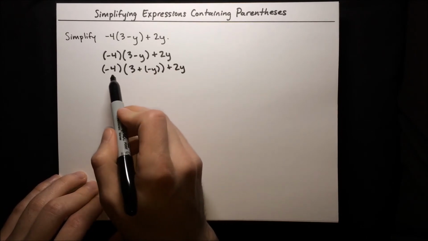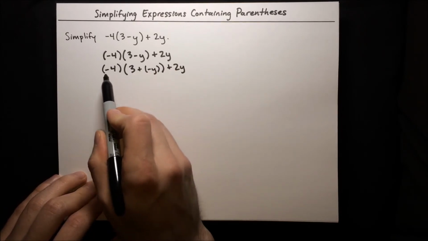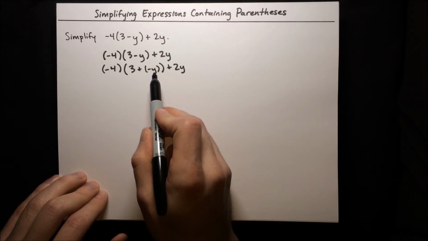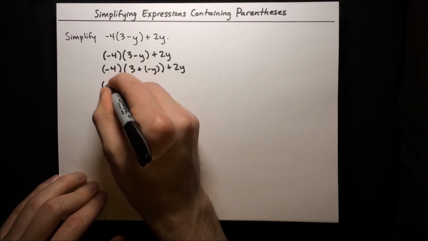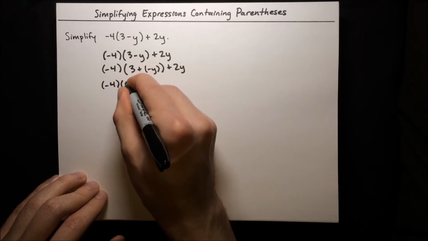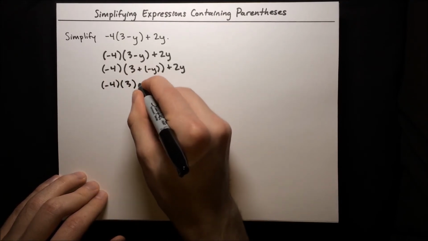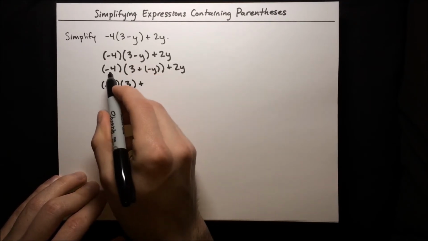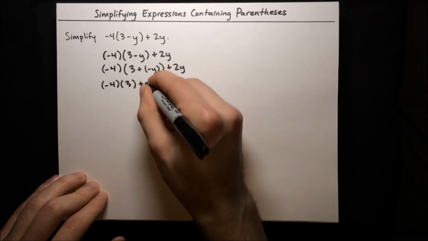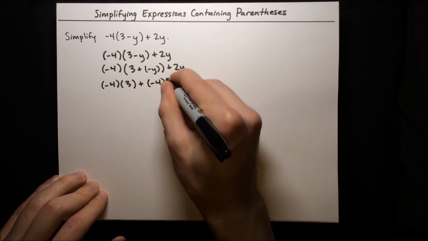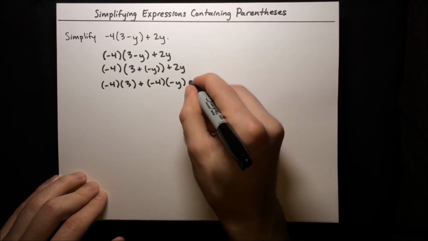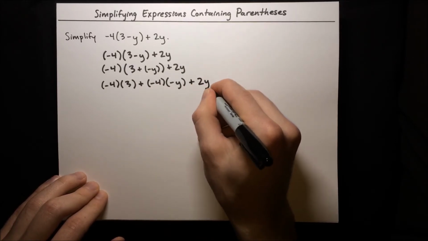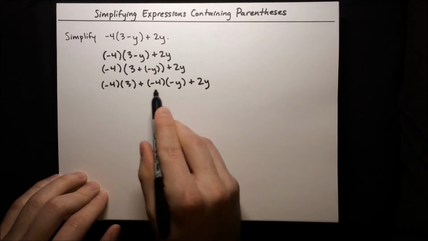Okay, so now let's go ahead and distribute this negative 4 to each one of these terms. We can distribute negative 4 to 3, so that's just negative 4 times 3, and then plus distributing negative 4 to negative y, so negative 4 times negative y, and then plus 2y at the end. And now it remains to just simplify this a little bit.